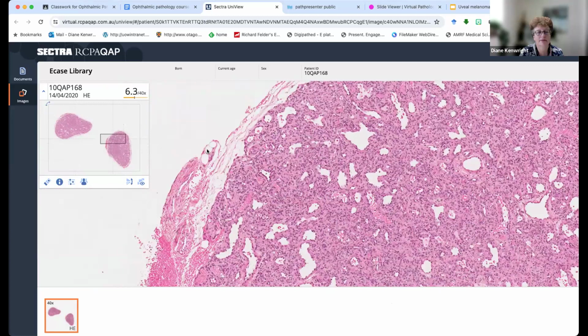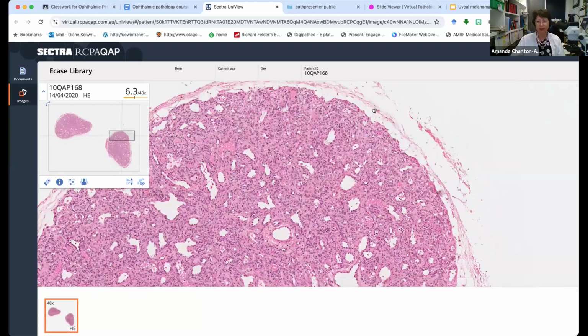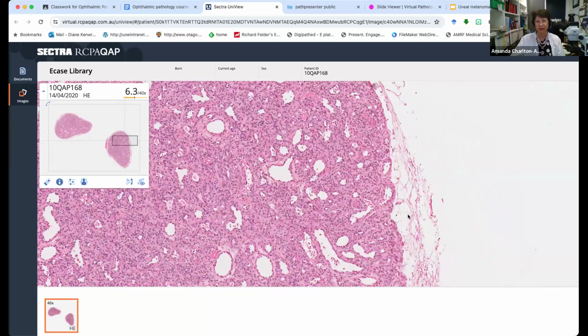We can find some fat cells here. If it's from the ophthalmic region, it's probably from the orbit. Fat cells could be subcutaneous, I suppose, but orbit most likely. So that's normal fat. I think everyone found the key features, varying size of blood vessels going down to the very, very tiny.